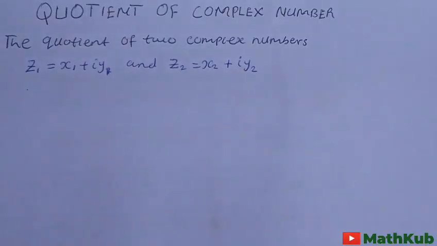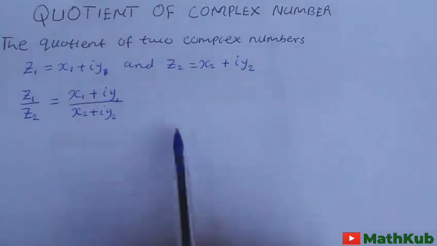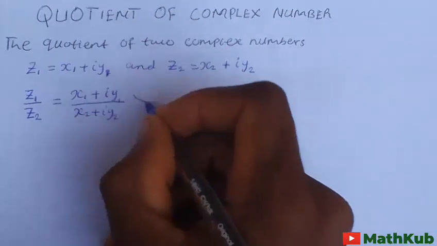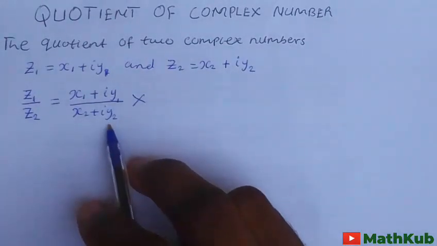The quotient of two complex numbers z1 equal to x1 plus iy1 and z2 equal to x2 plus iy2 is z1 divided by z2, which is equal to this one divided by this, times the conjugate of the denominator.